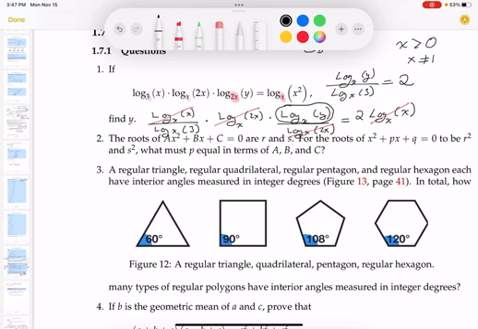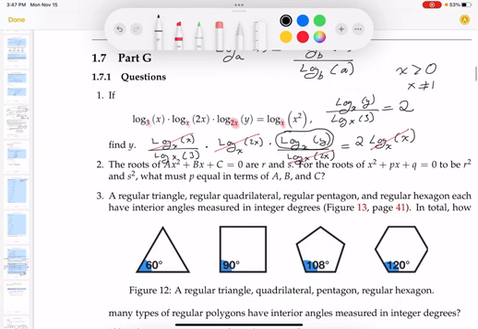All right, let me rewrite that as log base x of y equals 2 log base x of 3. Okay, let's keep rewriting it.